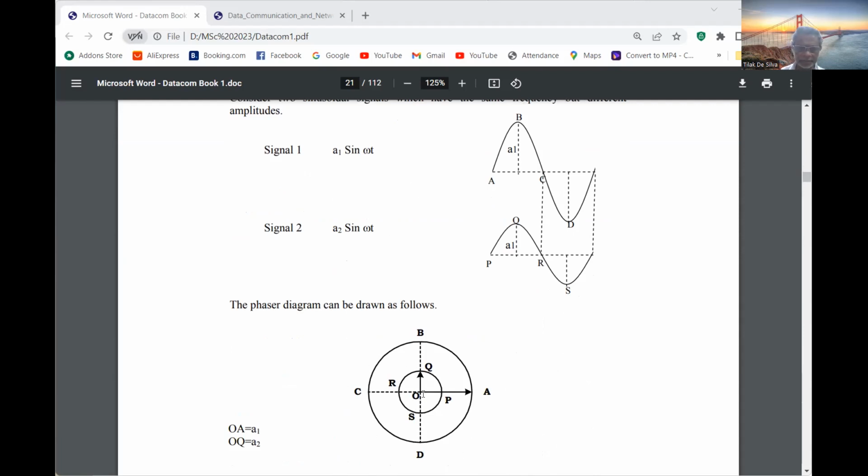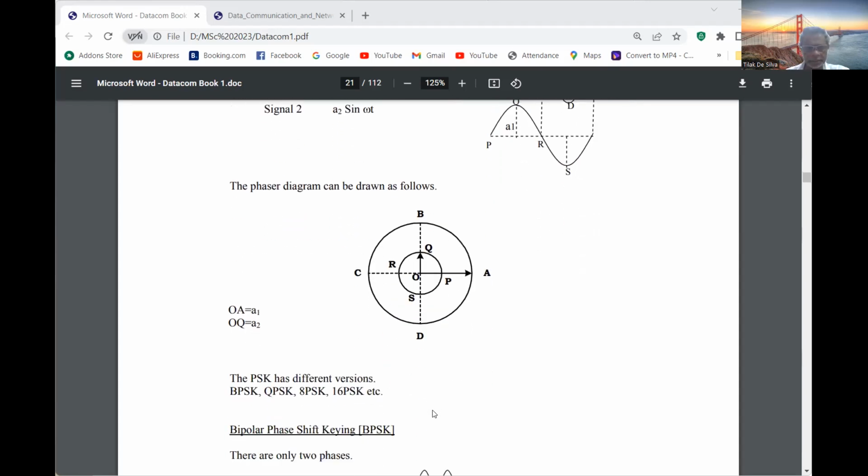In this phasor diagram, the radius represents the amplitude, and the circle represents the phase. The small amplitude signal is in the smaller circle, the bigger amplitude signal in the bigger circle. Right? Is it clear?